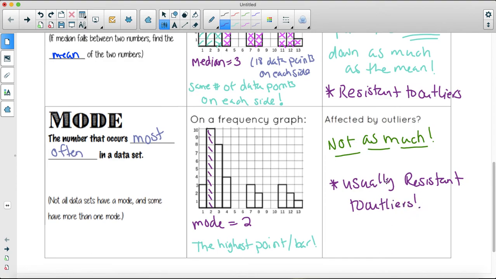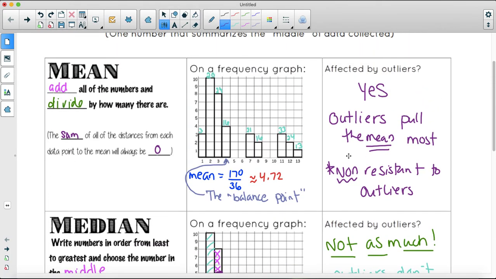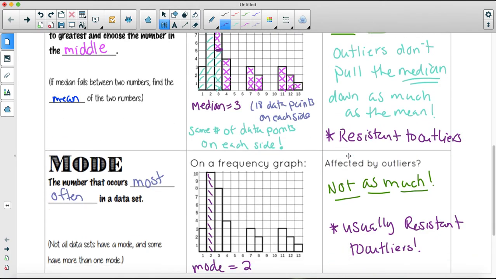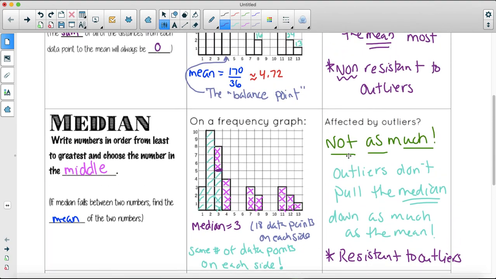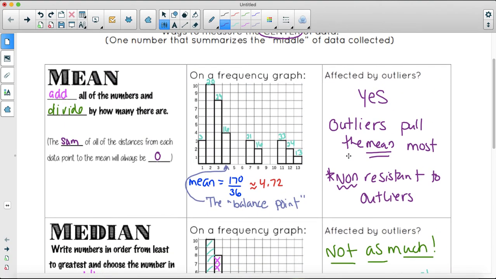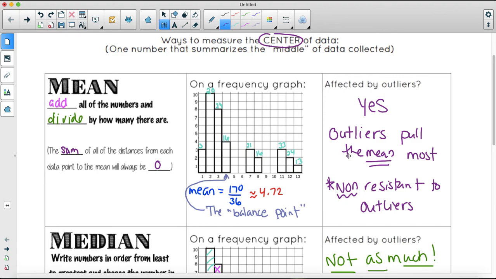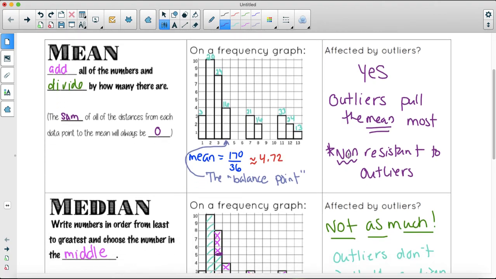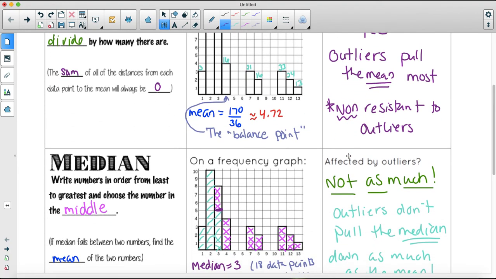So the 3 ways we can measure the center are the mean, the median, and the mode. The mean, most people know as add them all up and divide by how many you have. The median is the exact middle. These are generally resistant to outliers. They are not affected by the outliers as much.